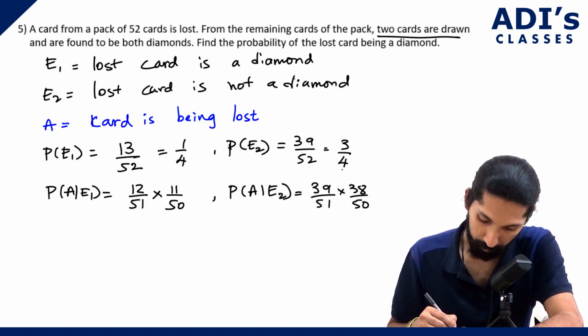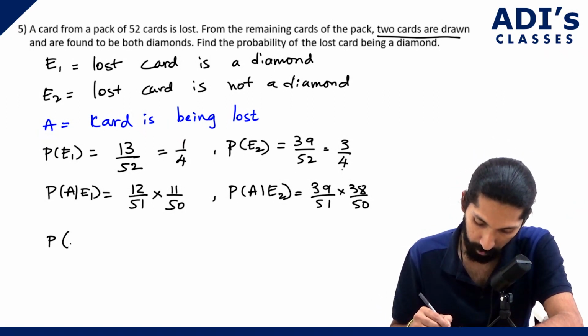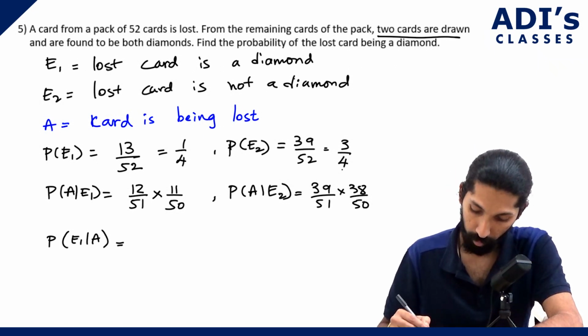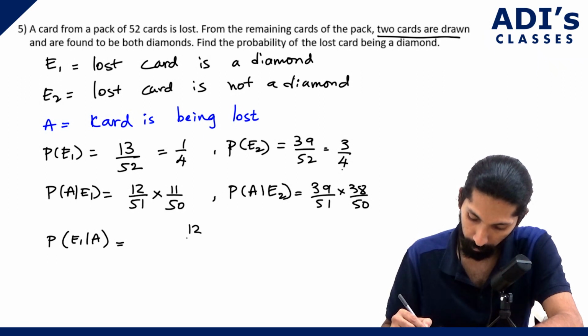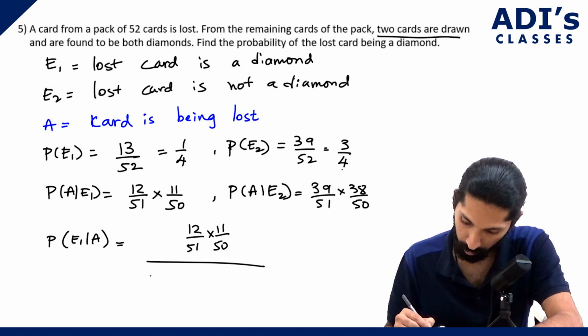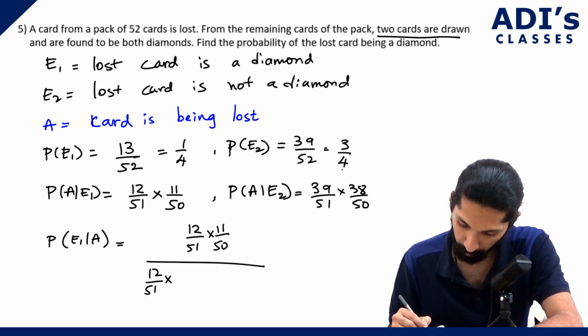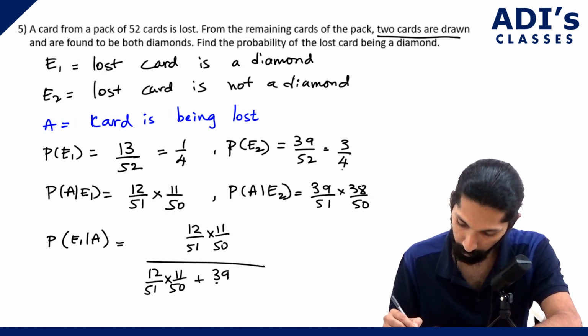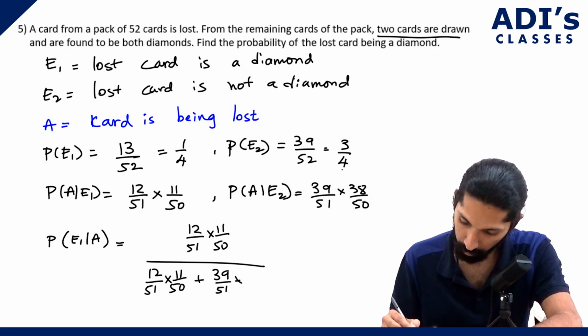Now we'll calculate. The question is P of E1 given A, right? So numerator 12 by 51 into 11 by 50, over 12 by 51 into 11 by 50 plus 39 by 51 into 38 by 50.